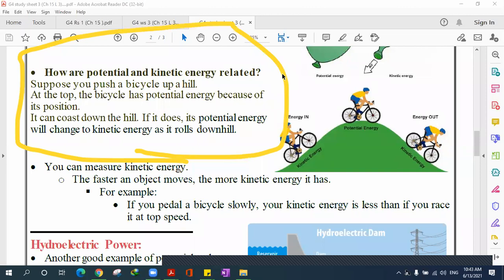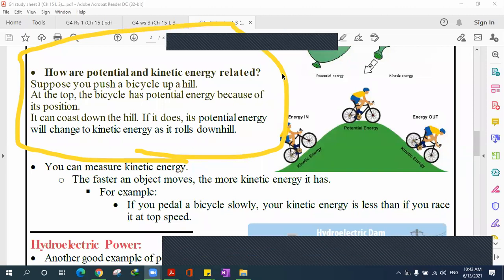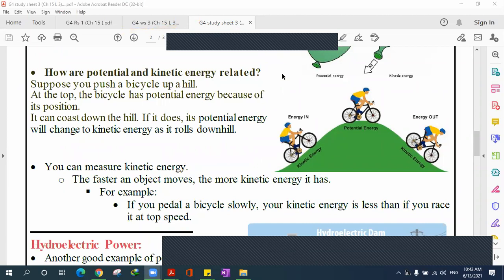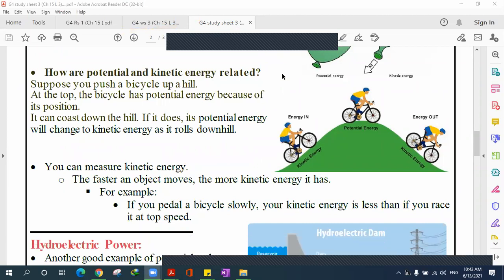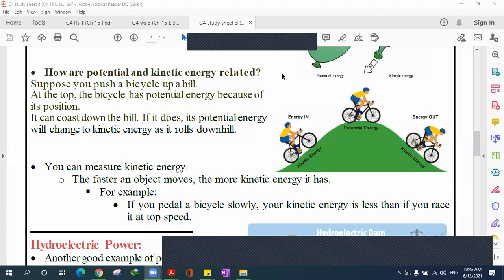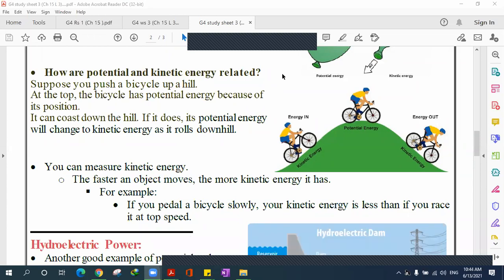I mean, any object will keep on moving, but it will never keep going forever. You will stop at some point. That means all the energy of motion you're having will change into potential energy because you stopped. But nothing is going to stay still without movement forever. Somehow it's going to move again. So now all the potential energy will change back into kinetic energy.